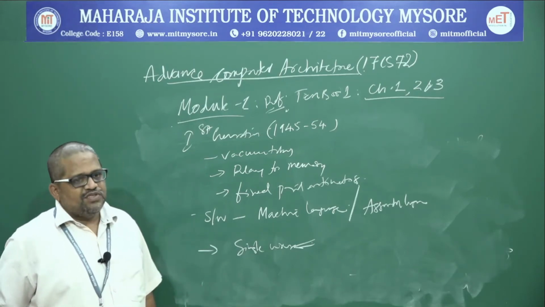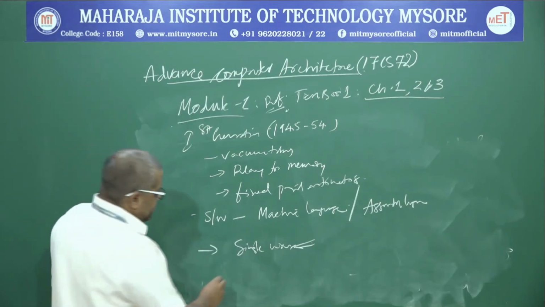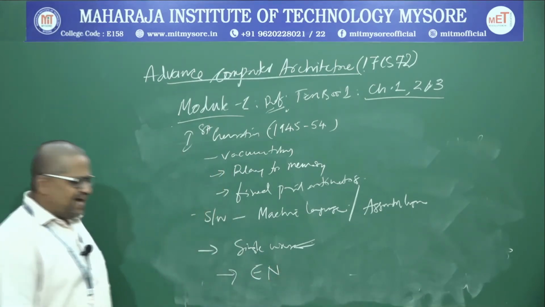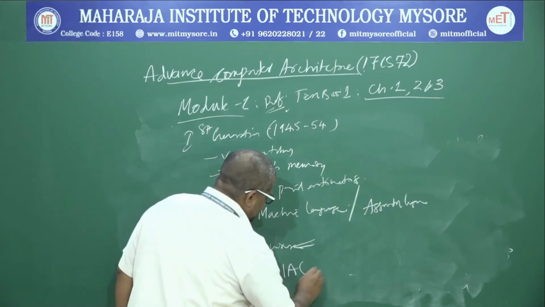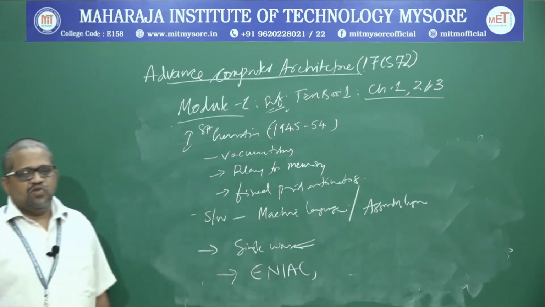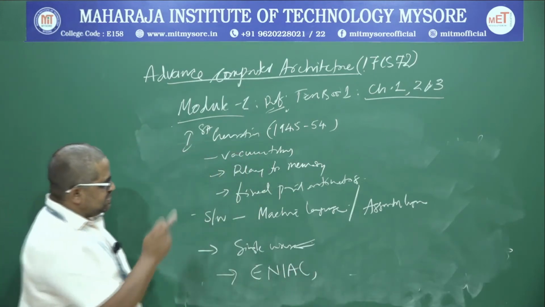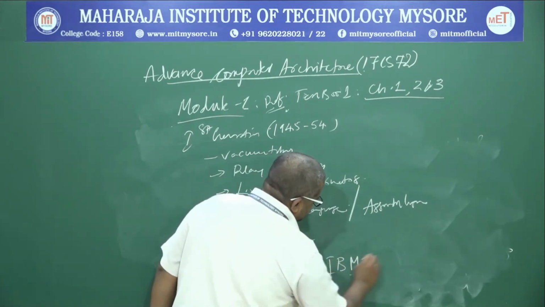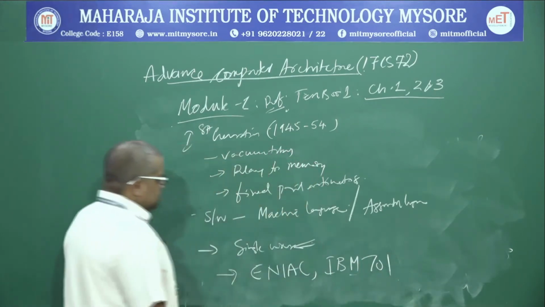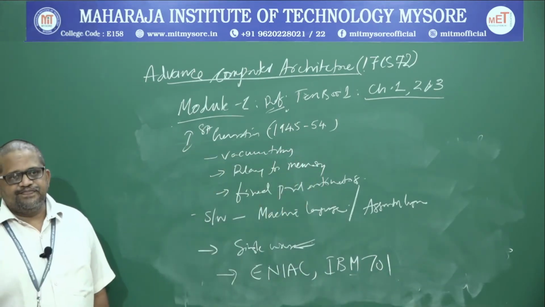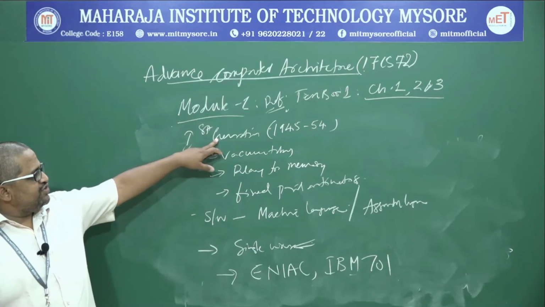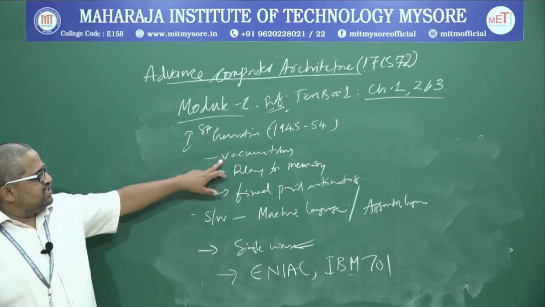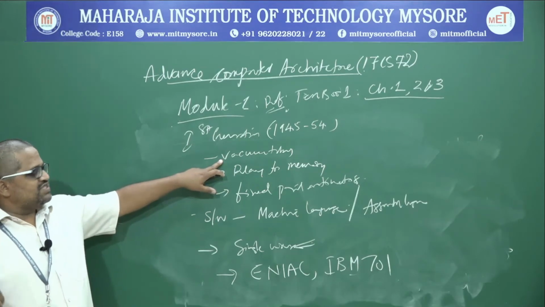And if you look into the examples of the first generation, you would remember this ENIAC model, and then, as I said, the IBM 701 model. So, these were the computers in the first generation, clear. It started in 1945 and lasted till 54, because after 54 it was the evolving of transistors.